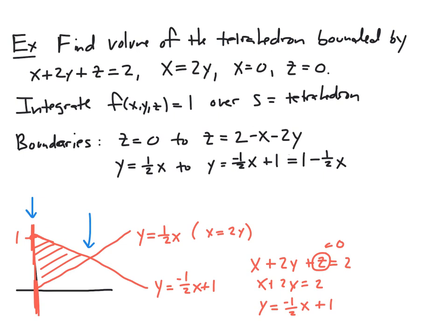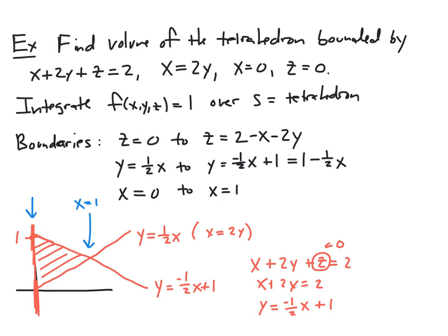And it's not terribly difficult to see from the equations that it is going to be x equals 1. If you don't see that just by looking at the equations, you can set 1/2 x and negative 1/2 x plus 1 equal to each other, and you pretty quickly get the equation x equals 1 out of that. And so our boundary is going to be from x equals 0 to x equals 1.